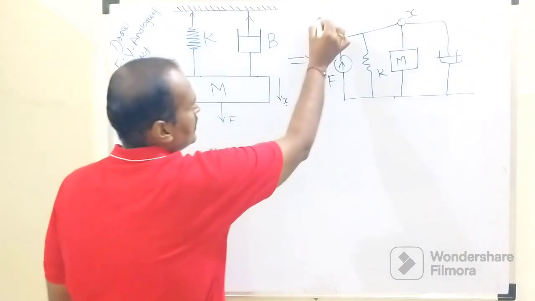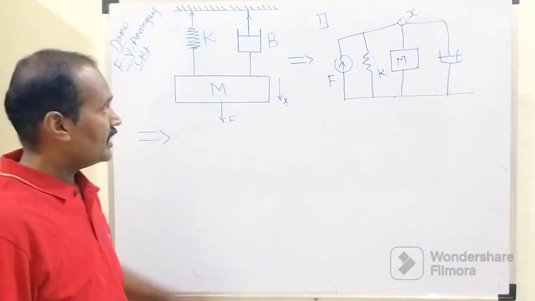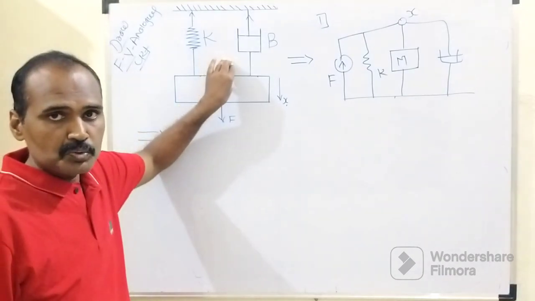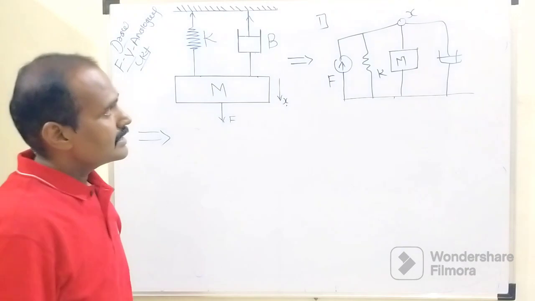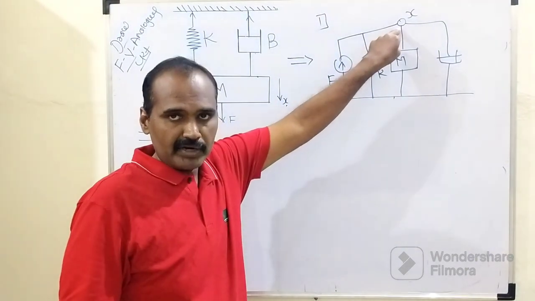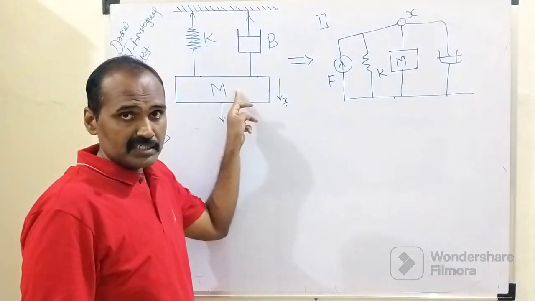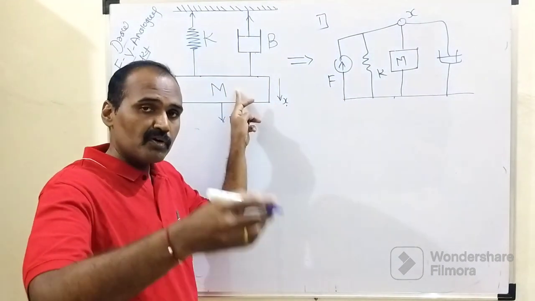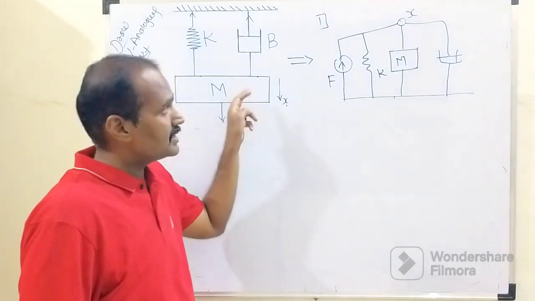So this is the first step, in which we are supposed to draw the equivalent electrical network for this given mechanical system, in which we included one node which represents this displacement x associated with this mass m. Number of masses equals number of nodes, and number of nodes equals number of displacements.